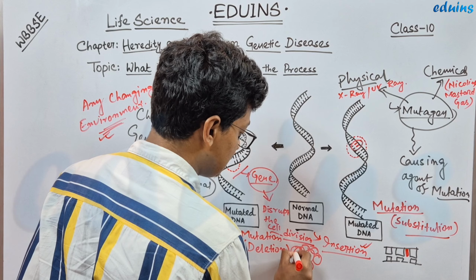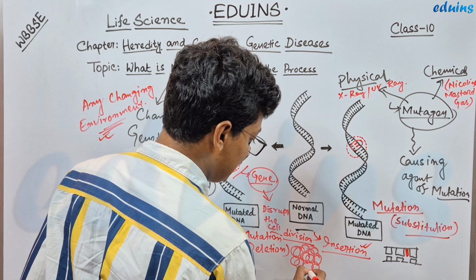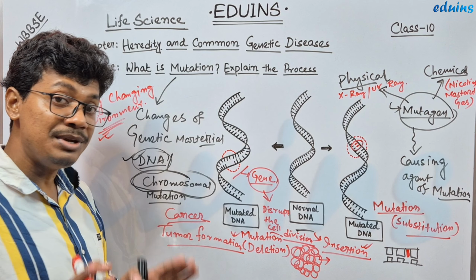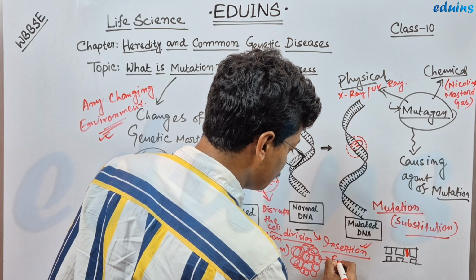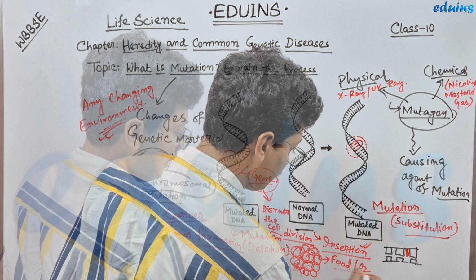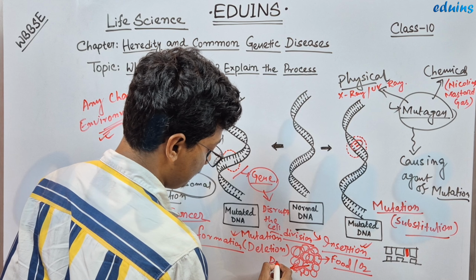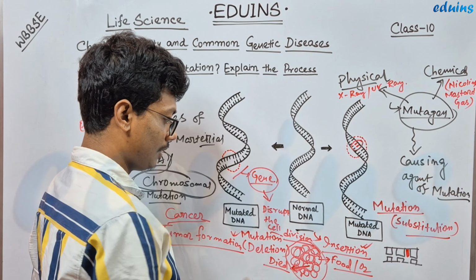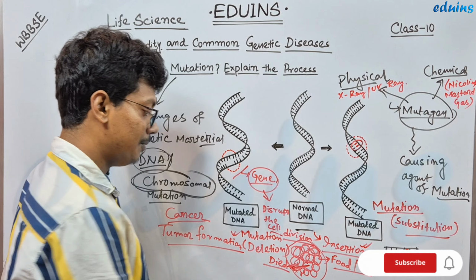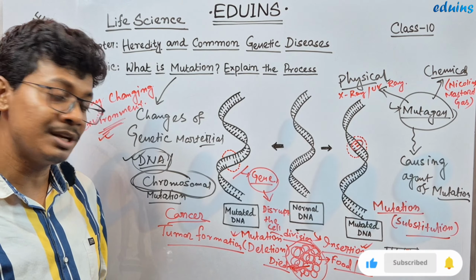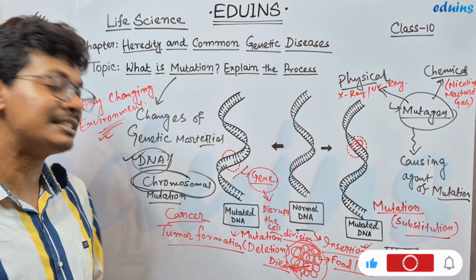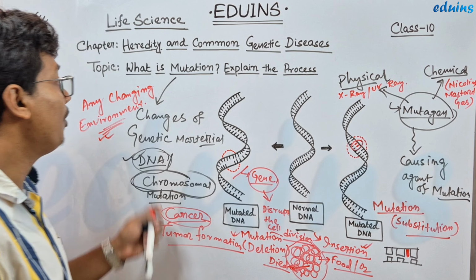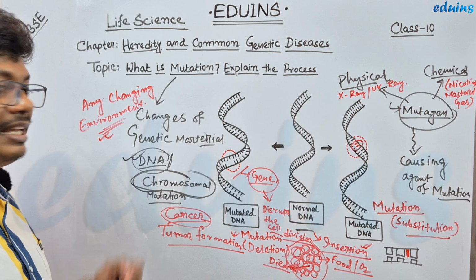That means in a single place many cells will grow, and due to the limitation of food and oxygen, the cells die. When the cells die, they release some toxic substances which further result in cancer. So this is the type of mutation in case of DNA.